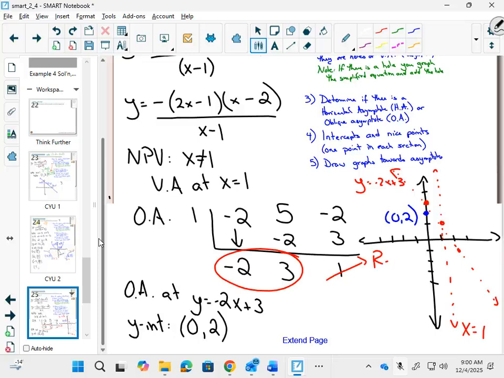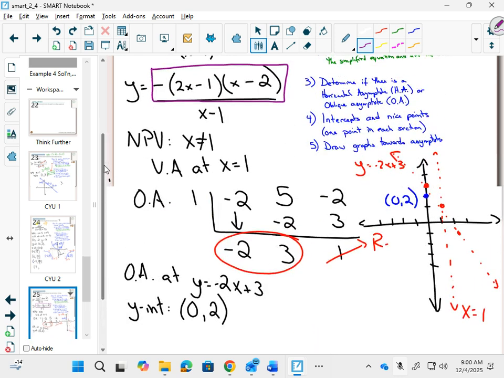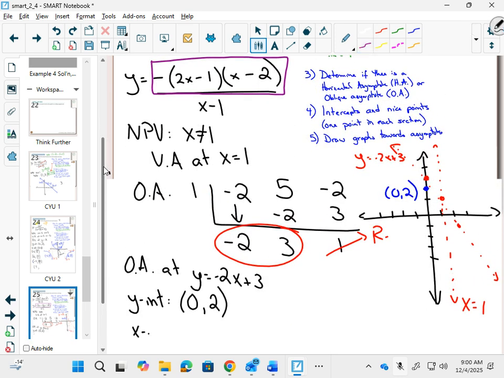And x-intercepts, plug in 0 for y. I find looking at the numerator of your factored version is going to be the easiest way to find your x-intercepts. What would make your numerator 0?